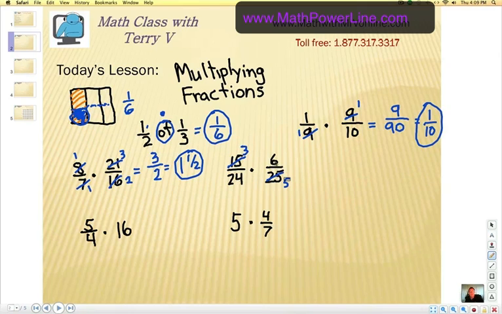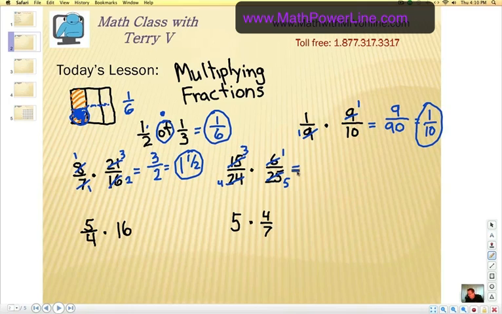Now I look at the 24 and the 6. Again, choose the biggest factor, not 2, not 3, how about 6 itself? So 6 divided by 6 is 1, and 24 divided by 6 leaves 4.